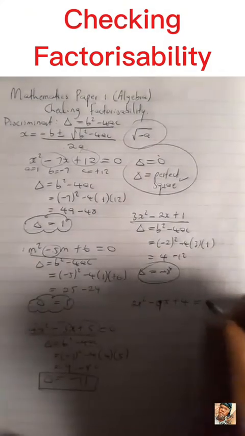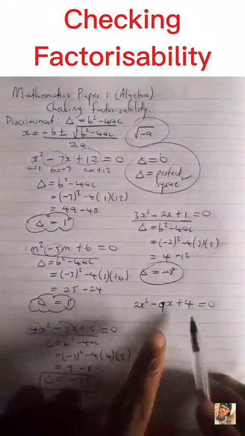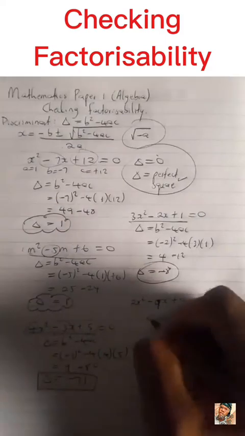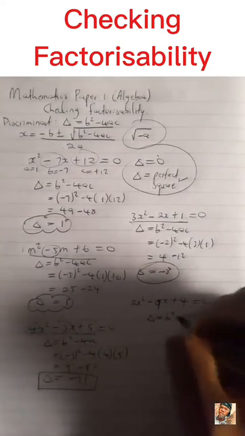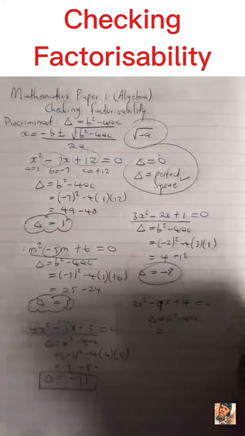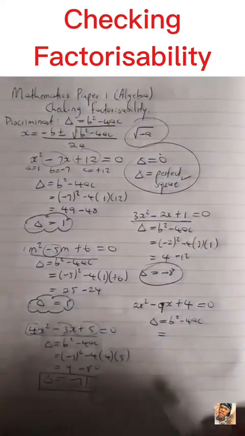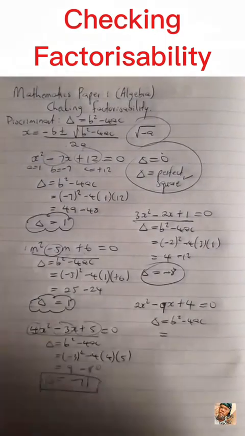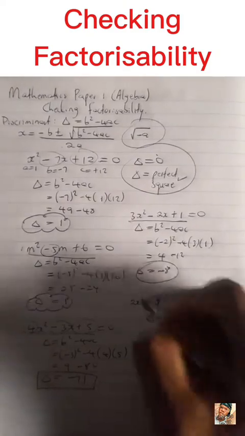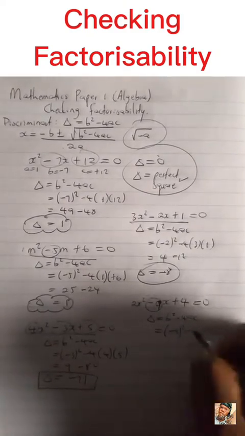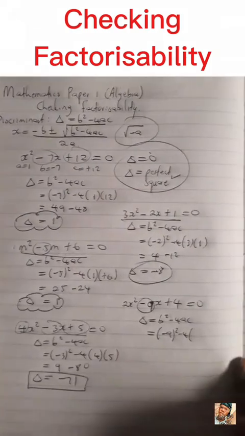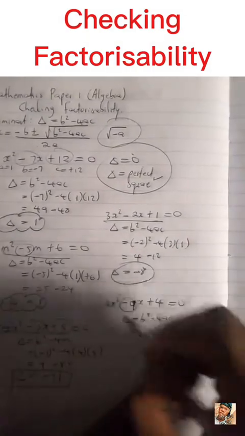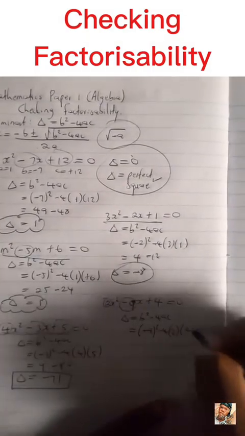So we're going to say this is equal to 0, of course, and then we're going to check if this can be factorized or not. The discriminant is equal to b squared minus 4ac. It must equal 0 or a perfect square for us to tell that this can be factorized. So b is negative 9, as you can see here. So negative 9 squared minus 4 into a, which is 2 here, and then c, which is positive 4.